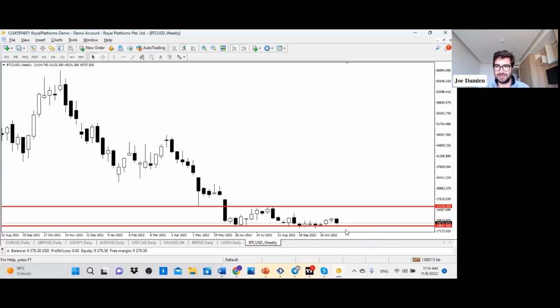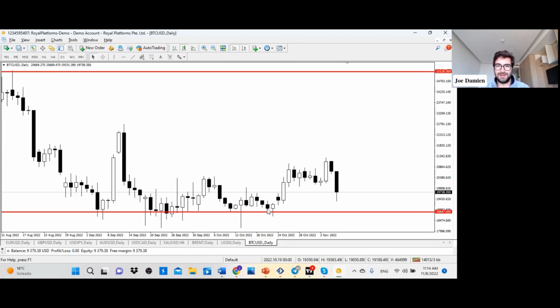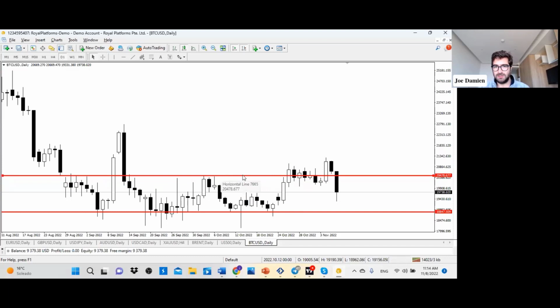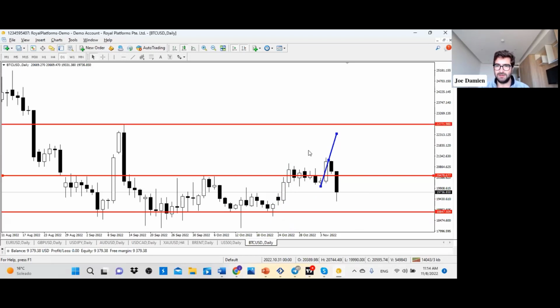So the market is trending inside this range. On the lower time frame, the market tried to move higher here. It managed to break this level, posted a correction, and here everyone thought that this is an ABCD structure and the market will move up again until this level here.